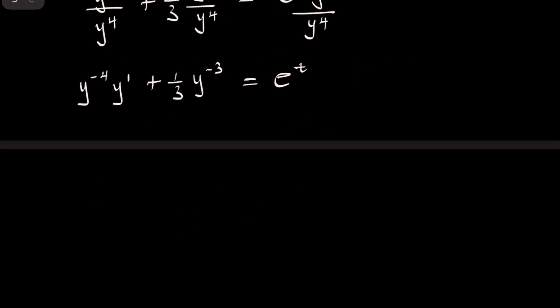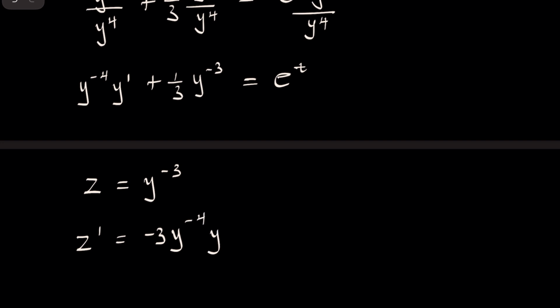Now our next step is to take this as our z. So we take z equal to y exponent minus 3. Now we differentiate, so let's differentiate z. z prime will be equal to, so we move the exponent, that's the power rule, then we subtract 1 from this, so here it's going to be minus 4.